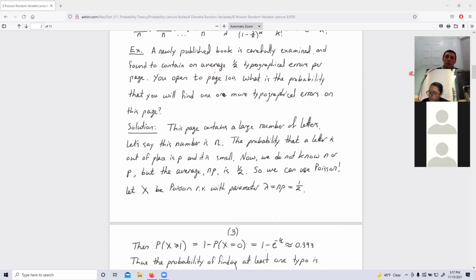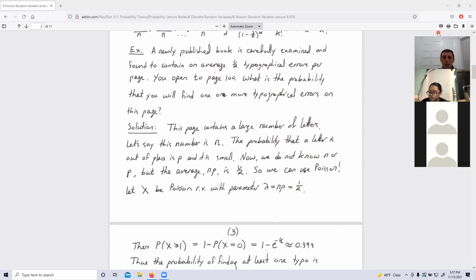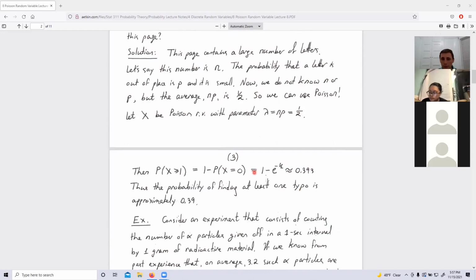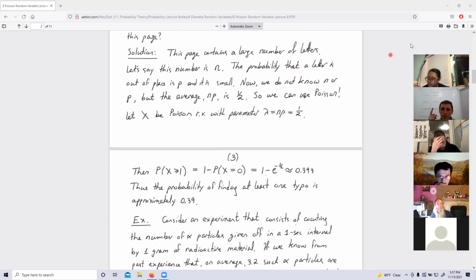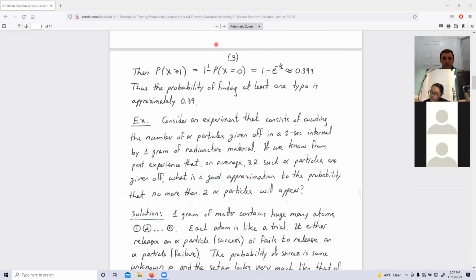So that can be your Poisson parameter lambda. It's 1/2. Yes, and then you see that the approximate probability that you find one or more errors is 1 minus e to the minus 1/2, because it's 1 minus the probability that the Poisson is equal to 0, right?